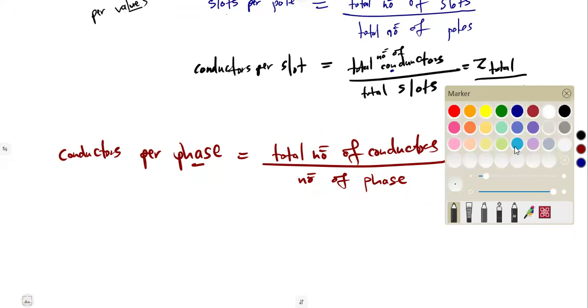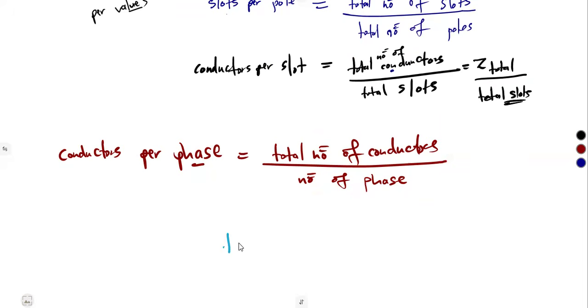This one can be calculated: TP, turns per what? Per phase. So the turns per phase, which is referred to as TP, can be calculated from a special formula if we have the number of conductors per phase divided by 2.